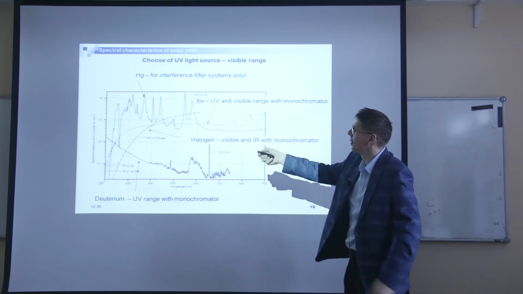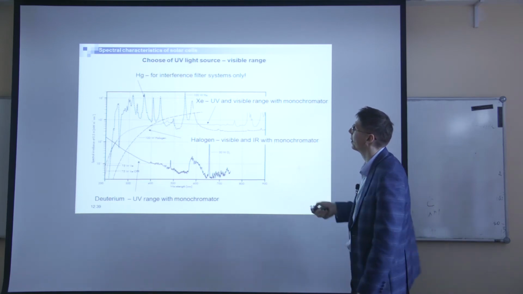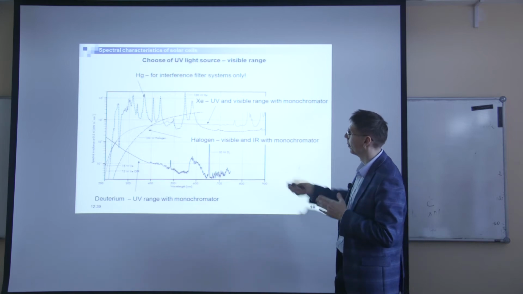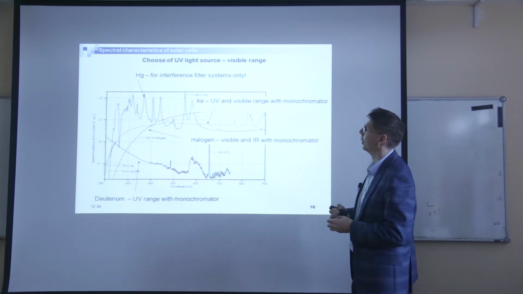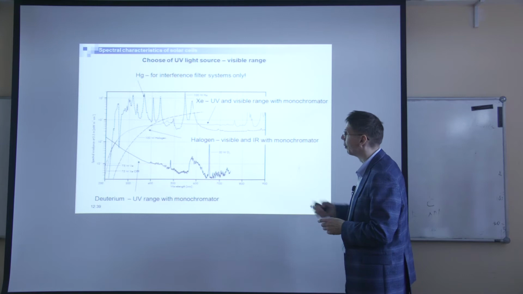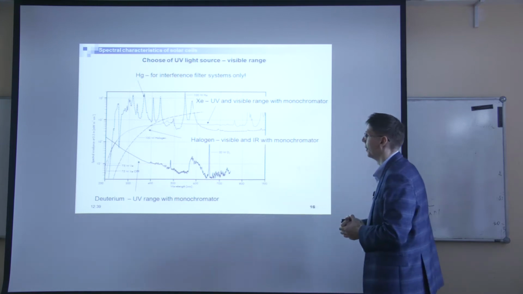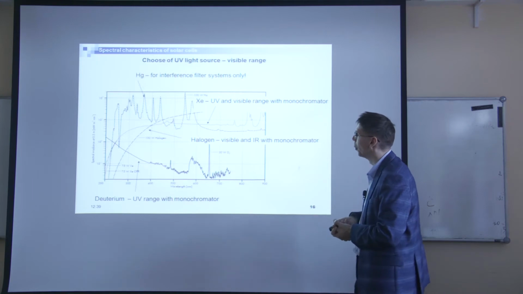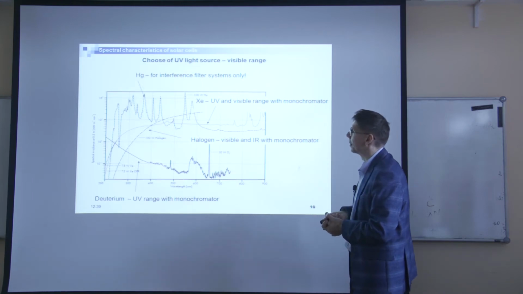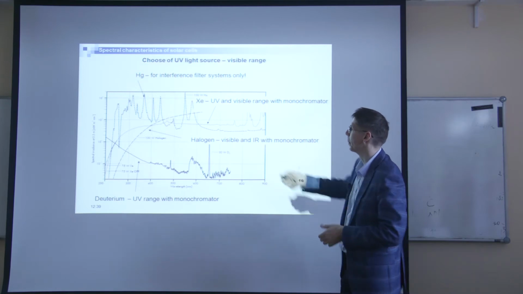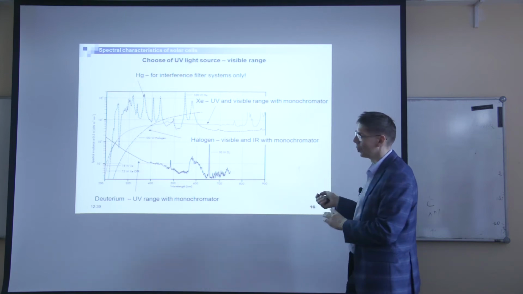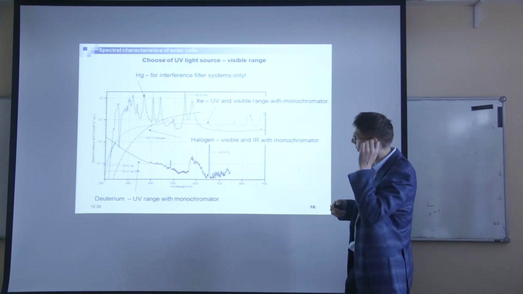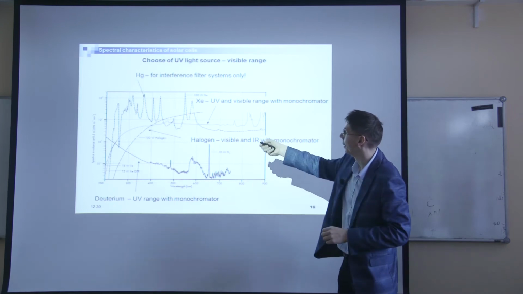used only for the system with the filters, because you have a set of peaks, and if you have a filter for each peak maximum, you can get a few points using this system, but only with the filters, because for a monochromator it's quite hard to work with these peaks, because you always need to check the reference spectrum and the measured spectrum, and it's really hard to be at the same point.